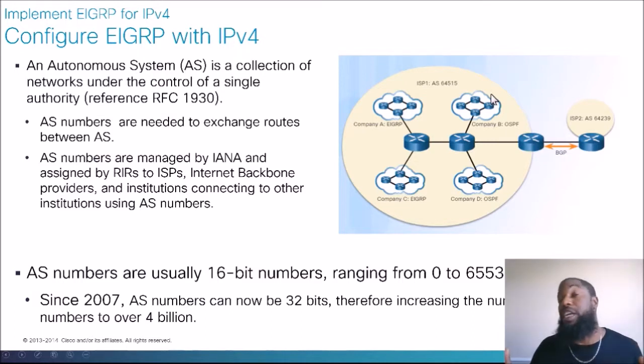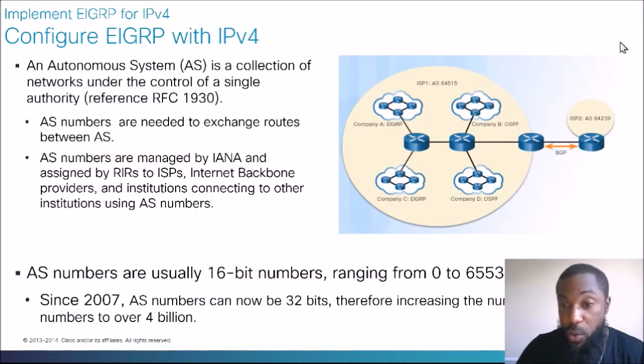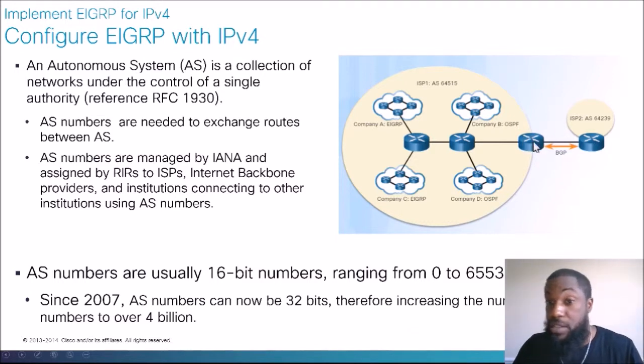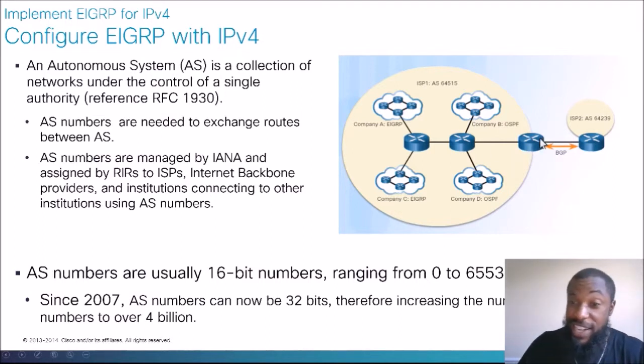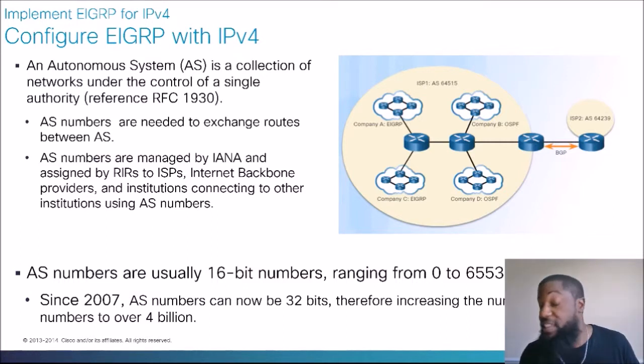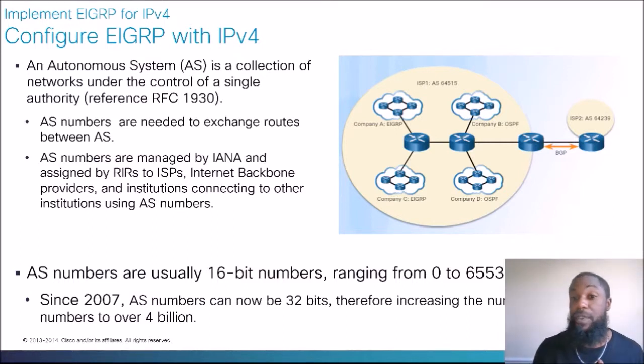So we can have one company, and our AS is 64515, and all of these routers will be participating in EIGRP, sharing routes with one another. We'll have this boundary router here summarizing our routes. Hopefully, if you are an efficient engineer, summarizing our EIGRP networks and advertising it to the next router, letting them know how to navigate their way through our network.